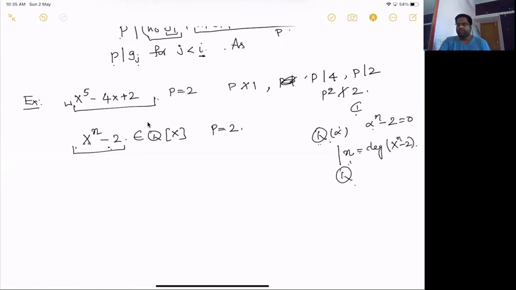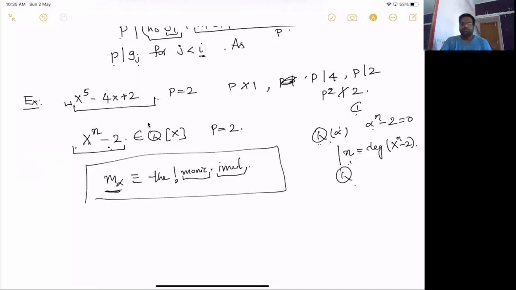We had already seen that another way to characterize the minimal polynomial is as the unique monic irreducible polynomial. So if you know that it is monic and irreducible, then it must be the minimal polynomial.